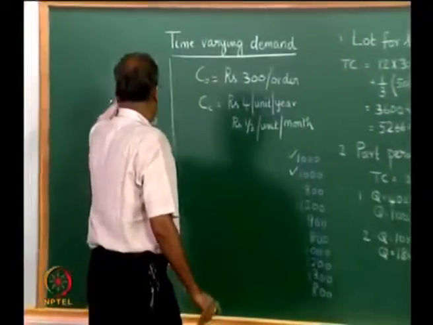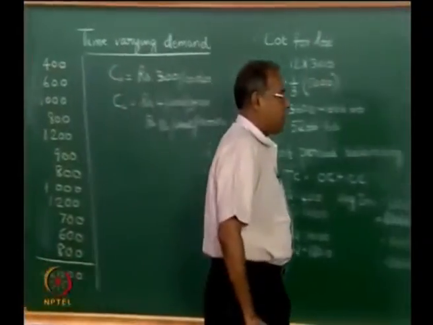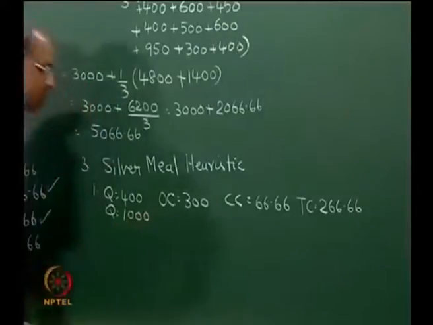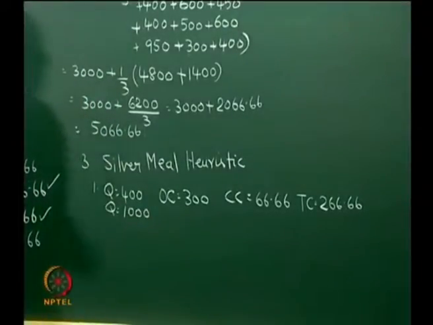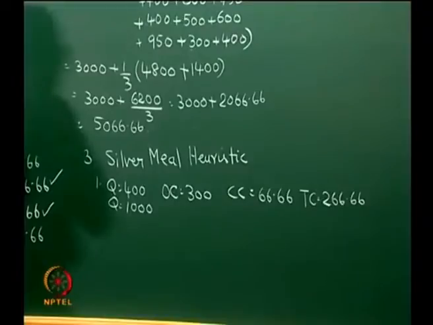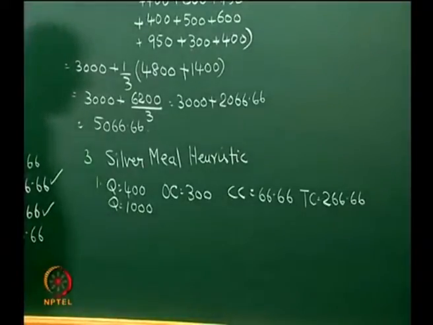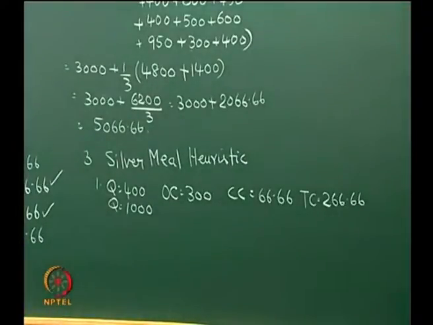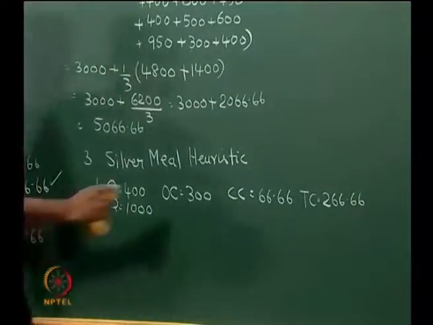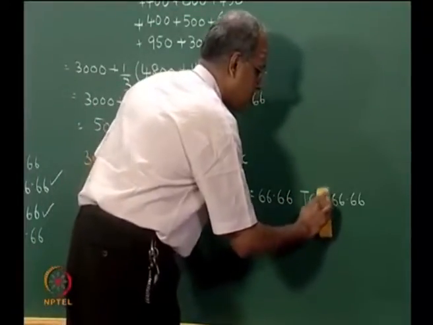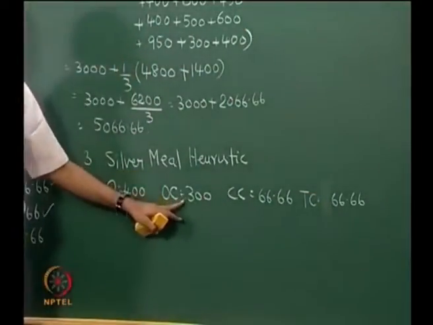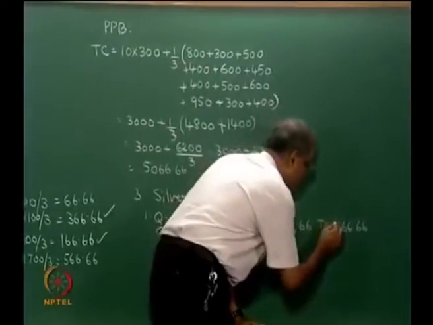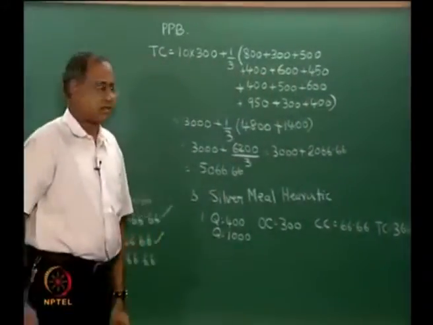Then we consider combining these two together. So, Q equal to 1000. When we combine these two together, the order cost is 300, carrying cost is 66.66, so total cost is 366.66.